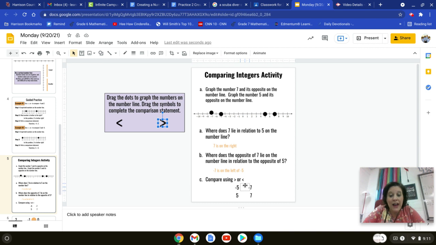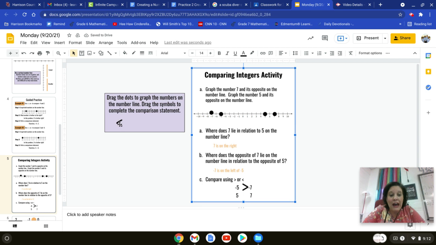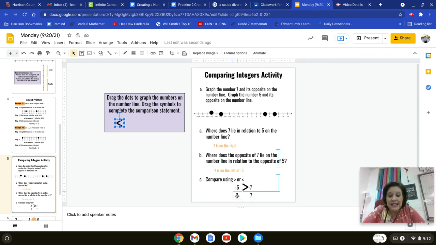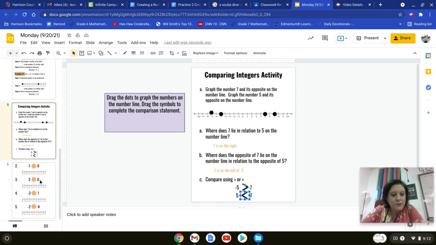Why? Because -5 is farther to the right. And 5 is less than 7. Now think about that. We know that 5 is less than 7. We've known that for a long time. But when you're talking about the opposites, now the opposite must be true. All right. Hopefully that makes sense.